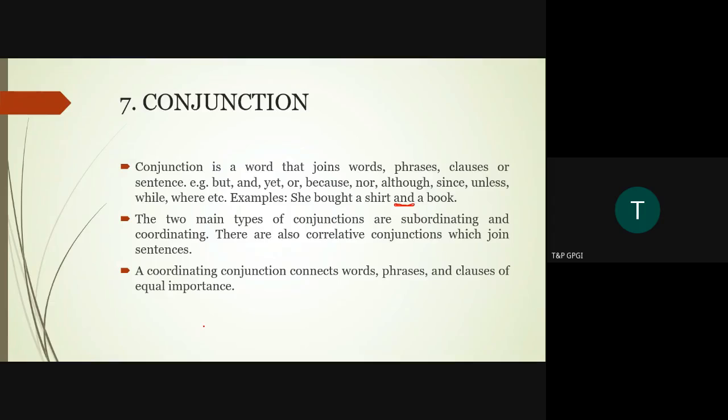My friend and I, you're going to prom with him or her. This is an example of a common conjunction you use to join words, clauses, phrases. Another example: the people I saw and my friends were happy. Two sentences joined with the use of and, a conjunction.